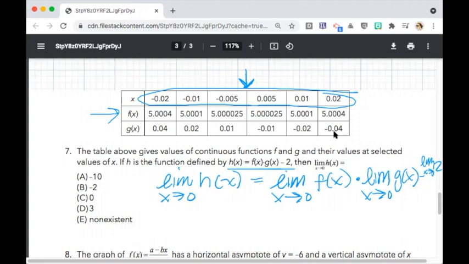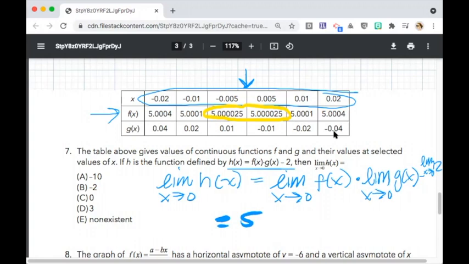If you look right here, from the left side and right side, it's going to be 5. So we know the first one is going to be 5.